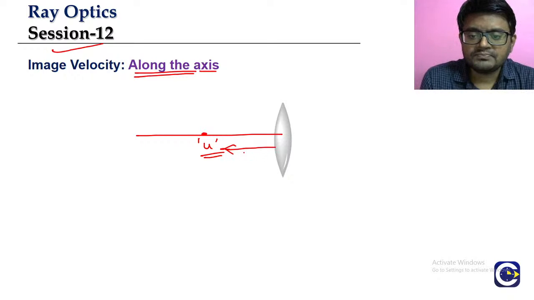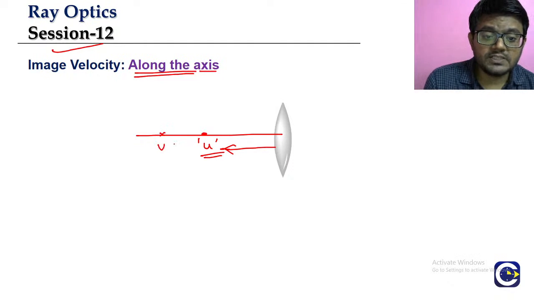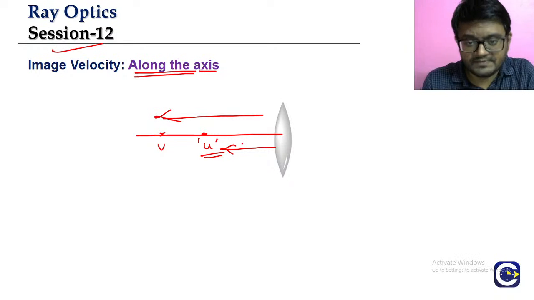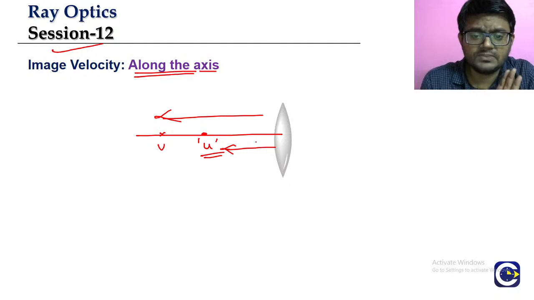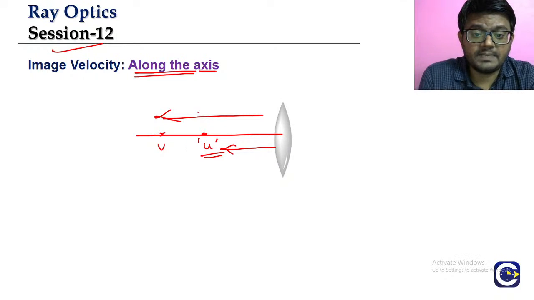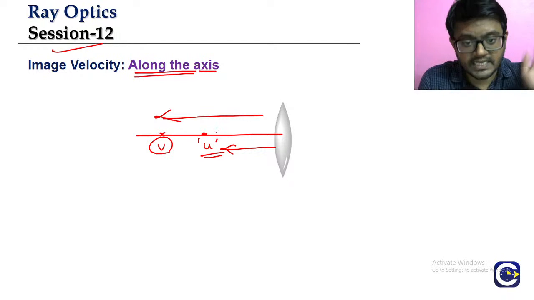By the object distance. Generally our objects will be on the left side. The corresponding image may be on the right side or on the left side, depending upon the nature of the lens, position, etc. Let us not get into that. The position of the image is represented by the image distance, generally indicated with the symbol V.